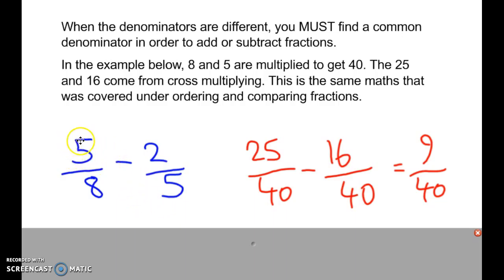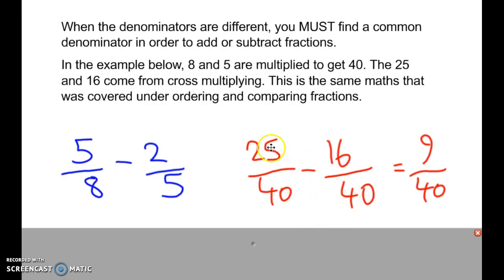So starting on the left, 5 times 5, 25. That goes on the top of the left fraction. Then moving to the right hand fraction, 2 times 8 is 16. So I'll put that answer on the right. And because this was a subtraction, put a subtract sign between them.